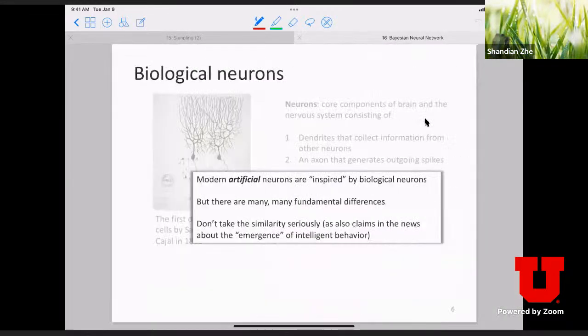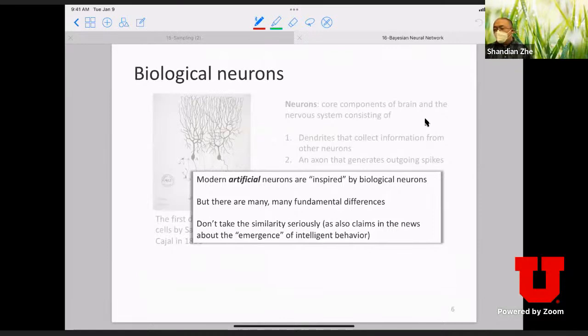People were inspired by the biological neural system to invent the so-called artificial neural network. But I want to emphasize, this is just inspiration. There is no fundamental connection between artificial neural networks and real neural networks.